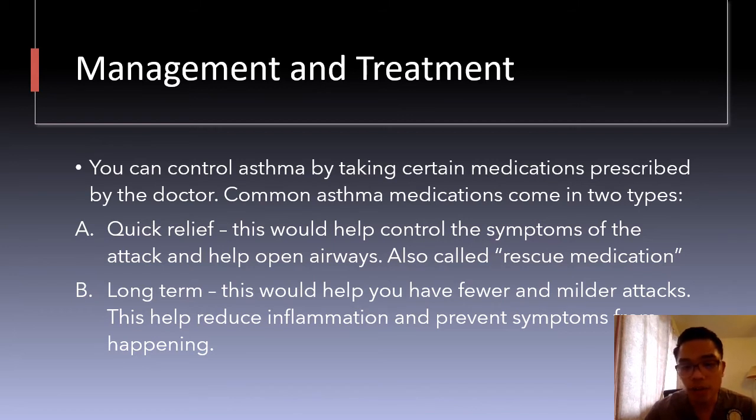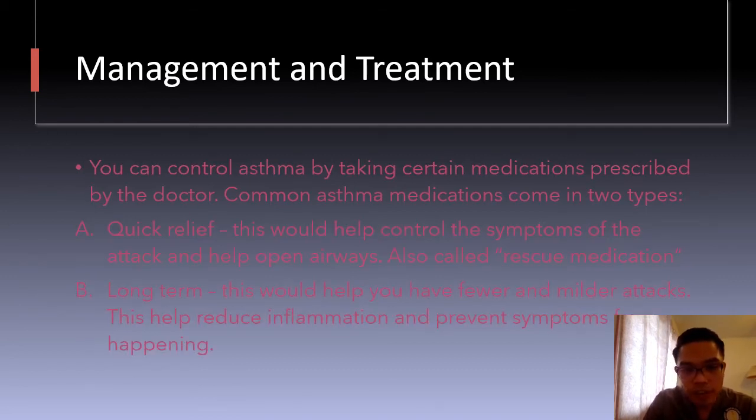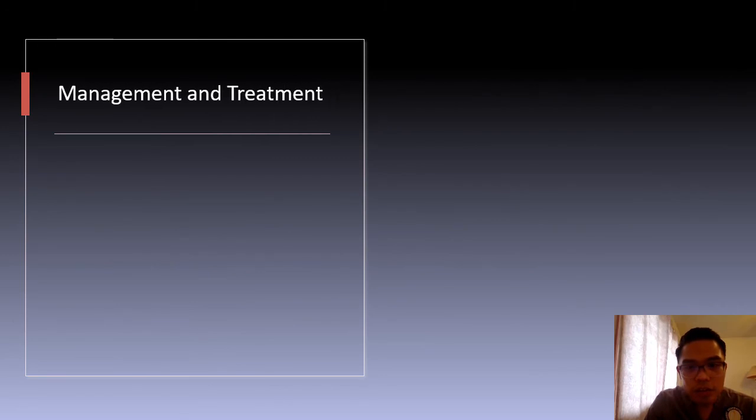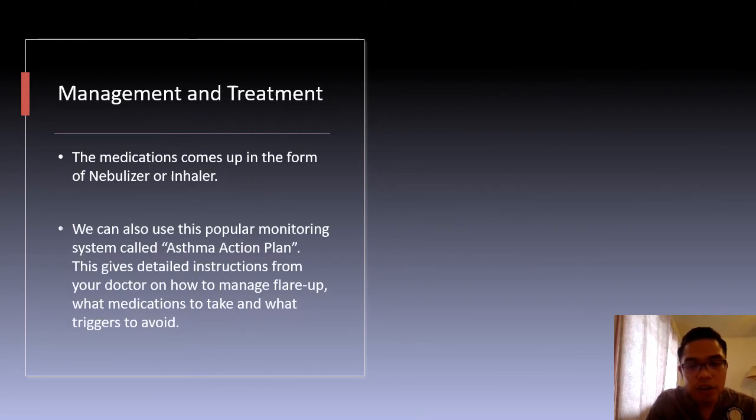This helps you have fewer or milder attacks, and it also reduces inflammation. For management, you always have to control asthma with certain medications which the doctor would prescribe to you. One of the management treatments is medication given via nebulization or inhaler.